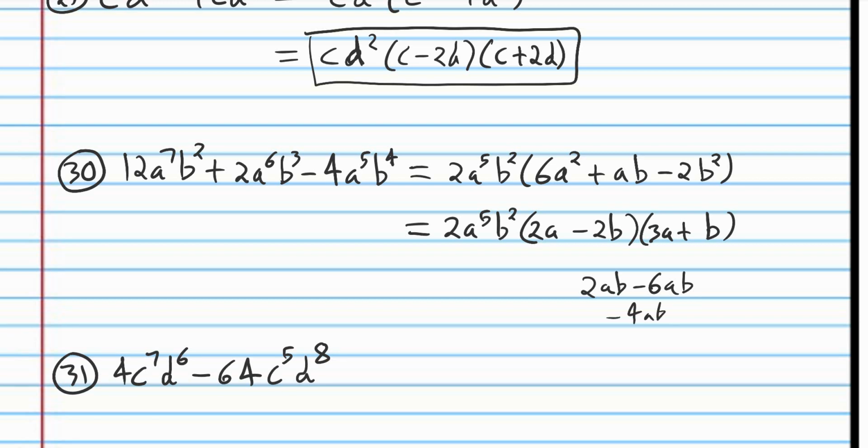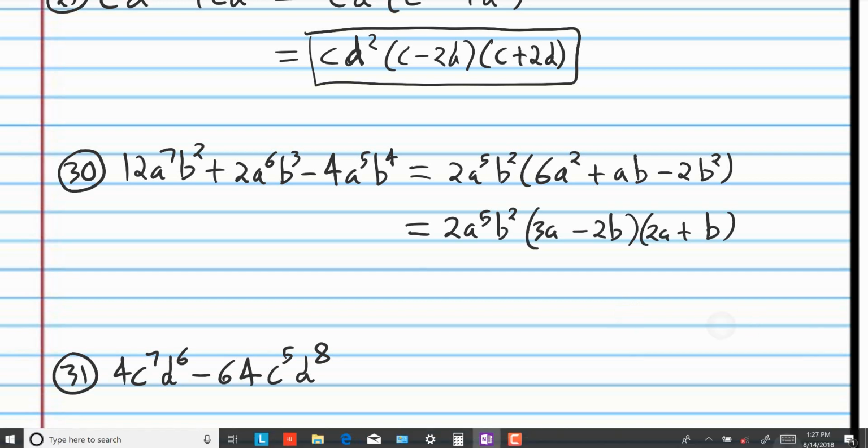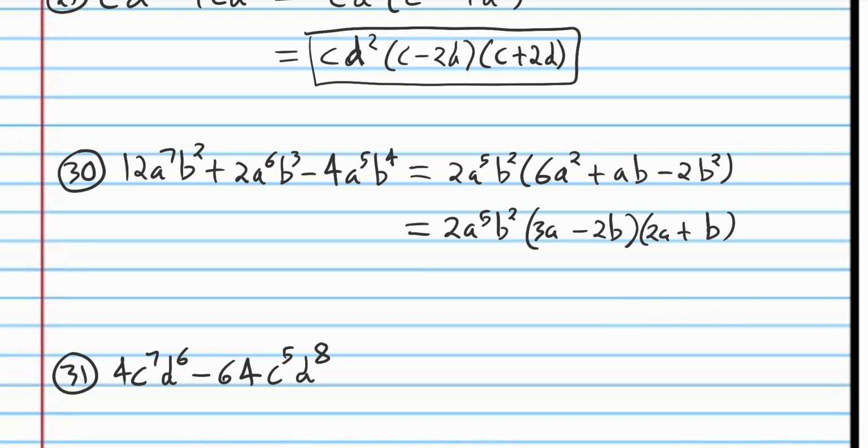So now we have to try something else. The only thing that I can think to try now is to switch the 3 and the 2. We'll make this 2a and we'll make this 3a. Now this should work. But we can still switch the 2, so if this doesn't work, we still have one more option.